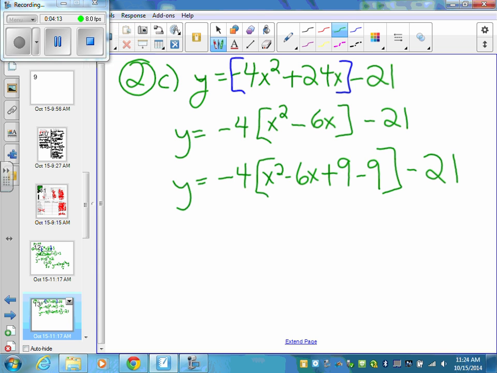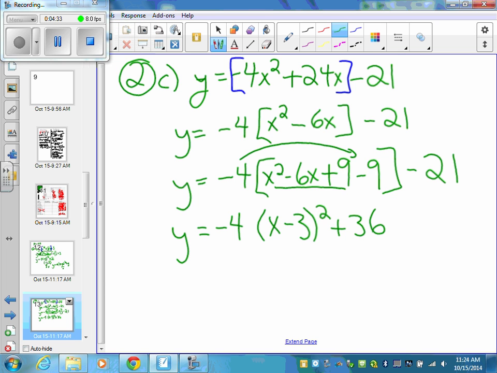Okay. Now this is a perfect square. So rewriting that, I have x minus 3 squared. Now this minus 9, we have to remember to distribute. Negative 4 times negative 9 is going to be positive 36.